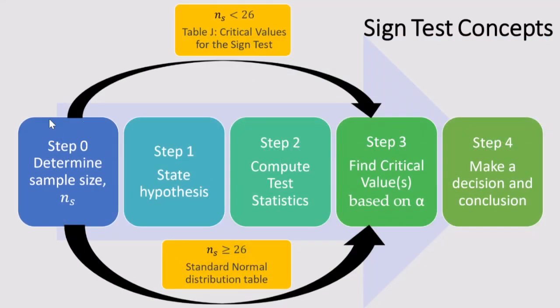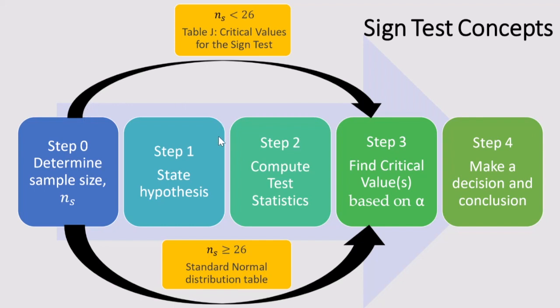We will start by determining the sample size. If the sample size is greater than or equal to 26, we will be using the normal approximation. Otherwise, we will be using the standard sign test method.